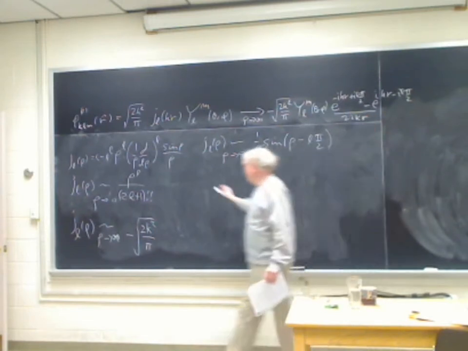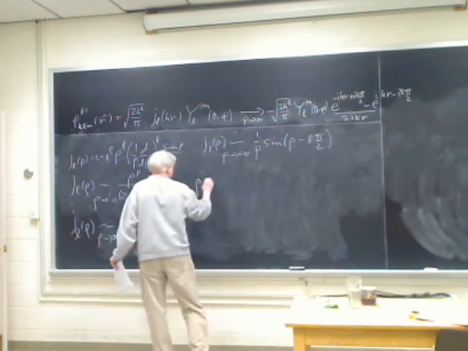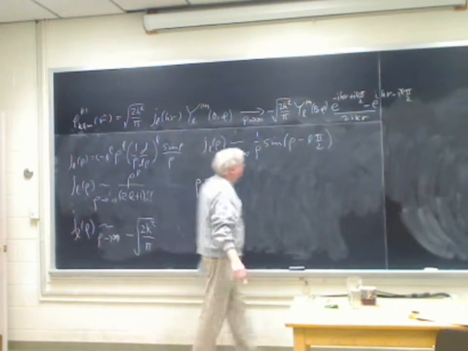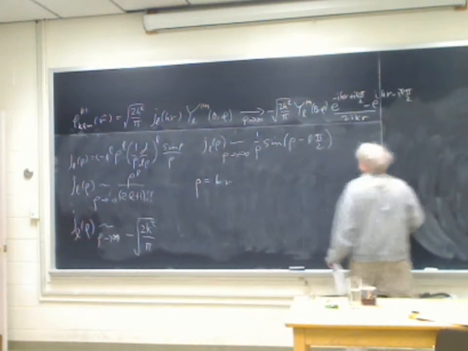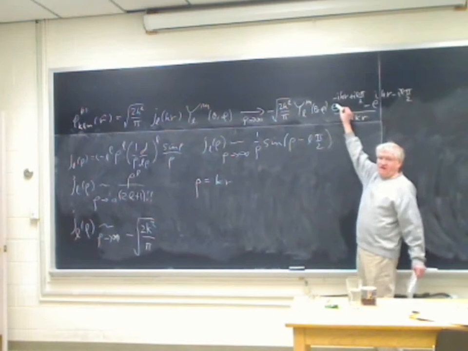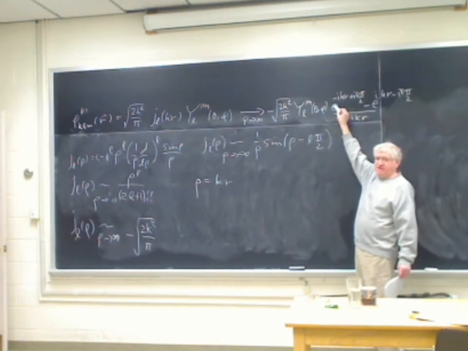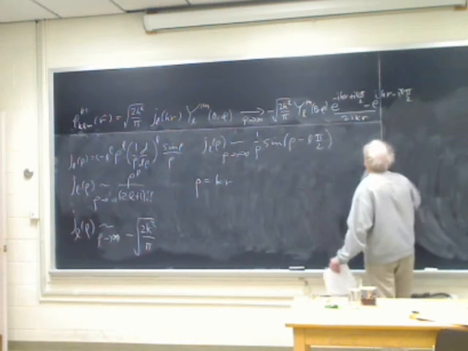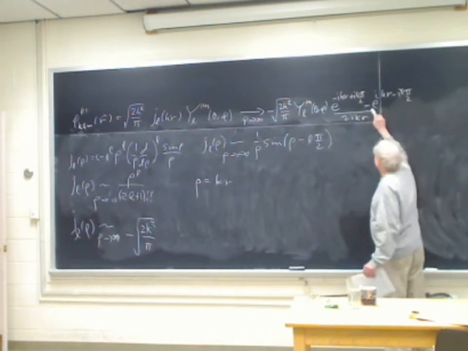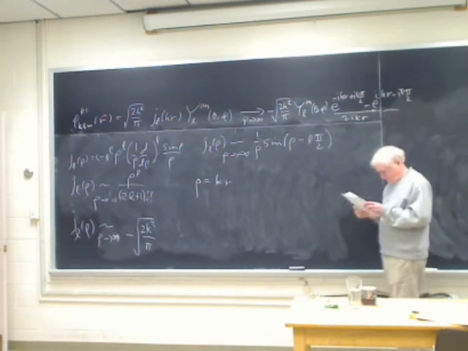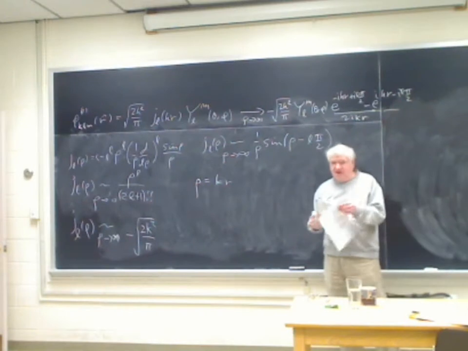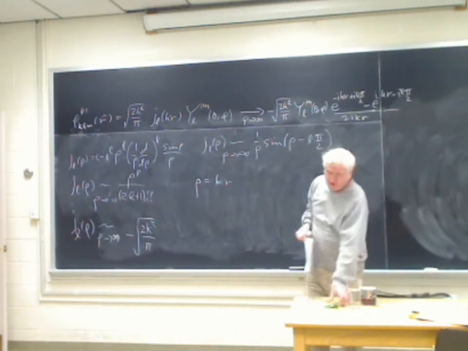Remember, in all this rho is equal to kr. The reason why we wrote it in this funny form is that we want to identify this as an incoming wave, we're going to relate this to the incoming plane wave, and this is the outgoing scattered wave. Any questions? Remember, I have chocolate.